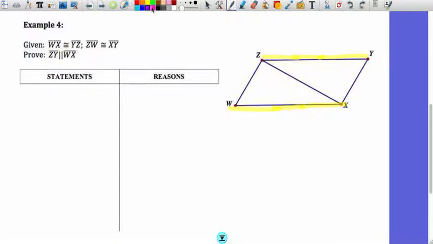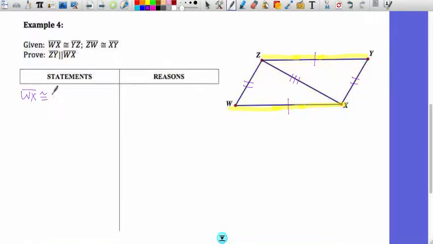Okay, so we'll begin by marking the diagram once again. We have segment WX congruent to segment YZ. We have segment ZW congruent to segment XY, and once again we have a common side between our two triangles, which in this case is ZX. So we'll begin by restating what is given.